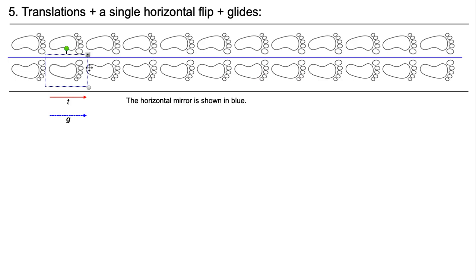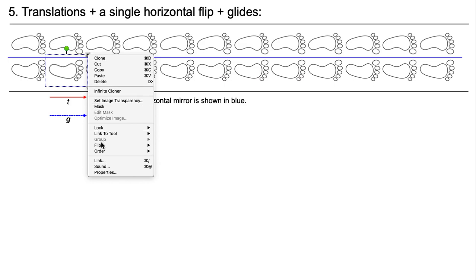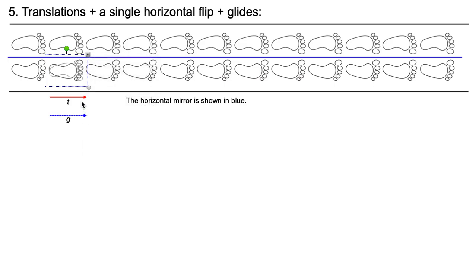And it also moves the right footprints to the next left footprint. In other words, this right footprint, when I flip it upside down, gets reflected to there, and when I do the glide, it moves over to here. So this right footprint moves to that left footprint, and so on. So the length of the glide is, again, the length of the distance between footprints.